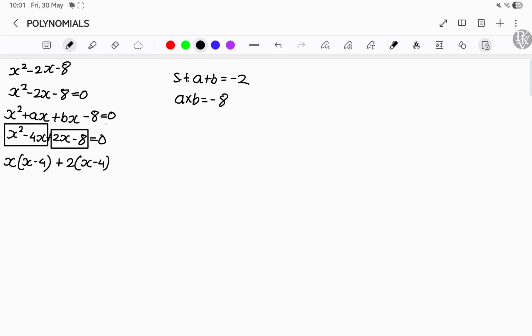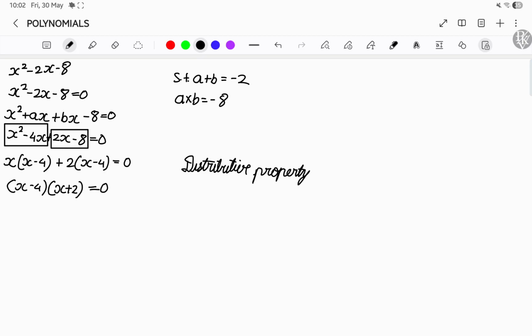If you don't understand how I did this, please watch some videos on distributive property. Now this will be equal to 0. Here x minus 4 is common. Take x minus 4 out and you'll get x plus 2. Okay, now this will be equal to 0.